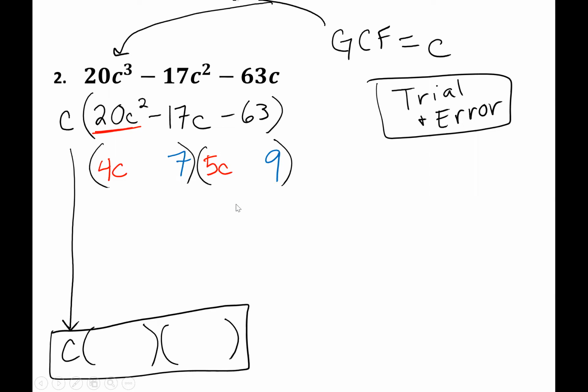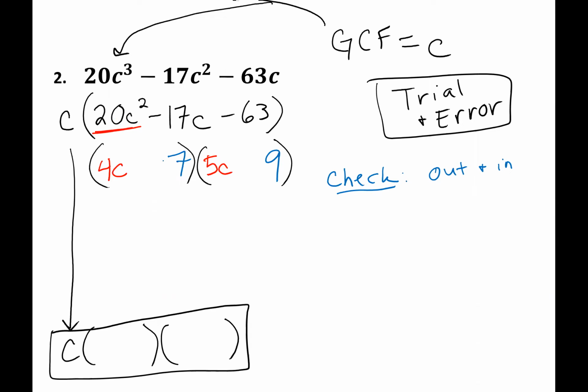Here's an abbreviated way of checking this answer, because this is not a complete answer yet. There's not even signs yet. But what I really need to check is the outside and the inside terms, right? I know that the first terms multiply to 20c squared, 4c, 5c, I got that. 7 times 9, 63.